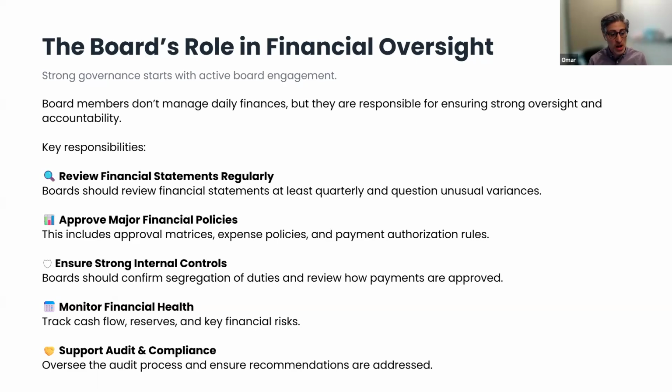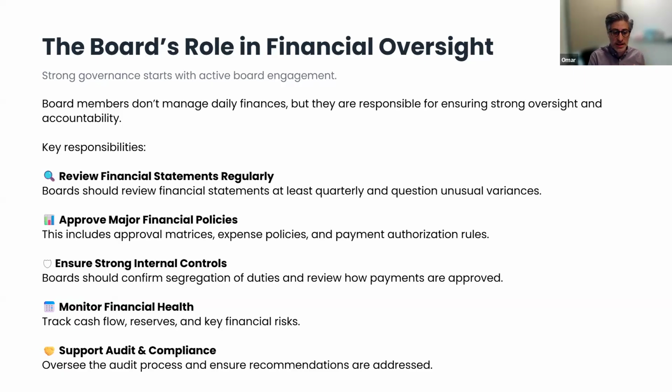Approve major financial policies. So this includes approval matrices, expense policies, and payment authorization rules. Ensuring strong internal controls. So the board should confirm segregation of duties and review how payments are approved. They should monitor financial health, track cash flow reserves, and key financial risks.